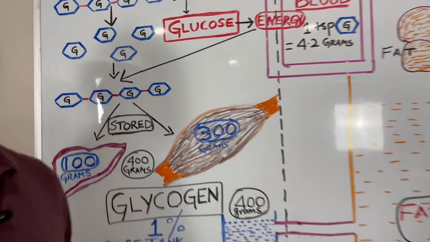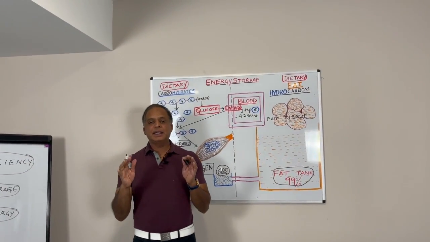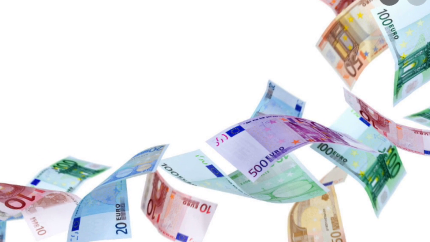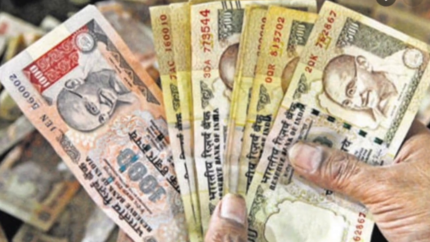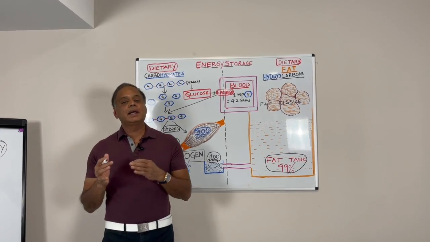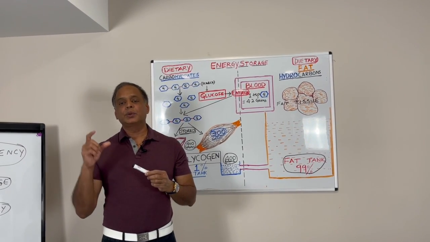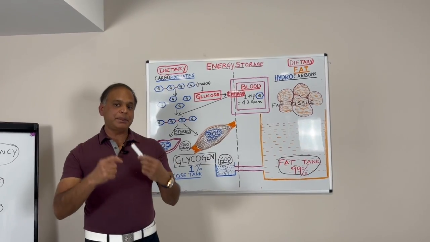To understand this, I want to give you a good analogy. Imagine energy like currency. We make money, and we cannot live without money. Currency or money is something you can equate energy to. Think of how we keep it in our pockets.